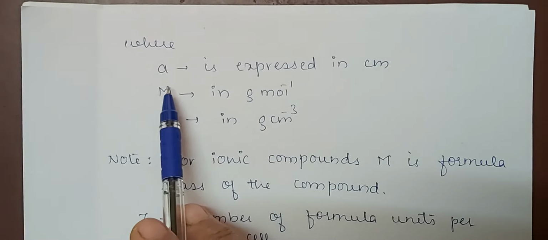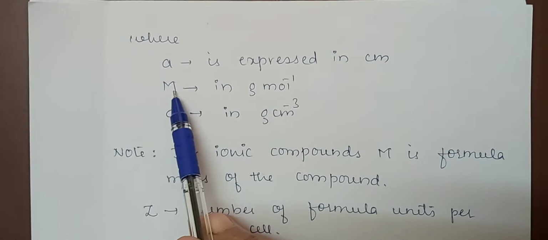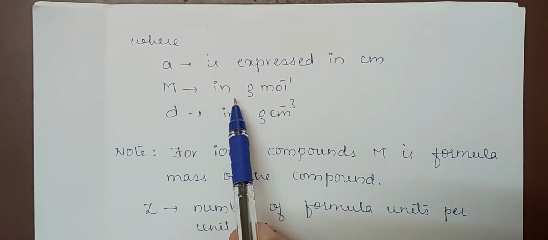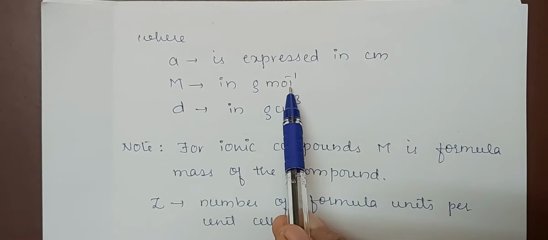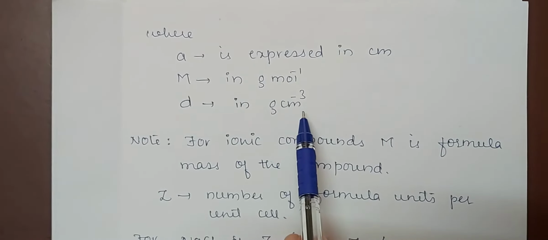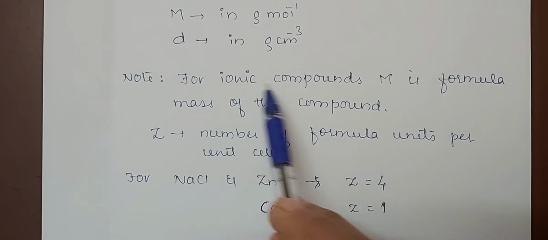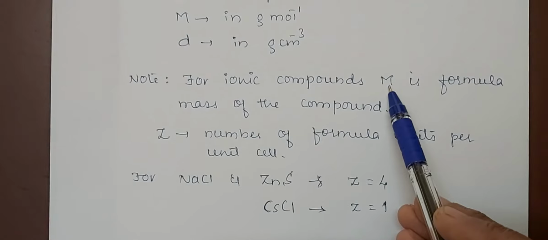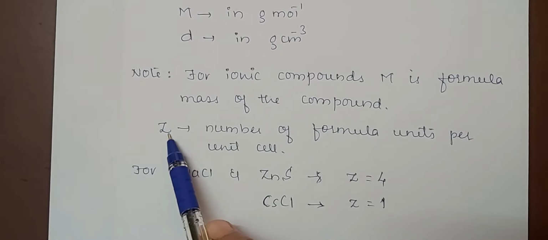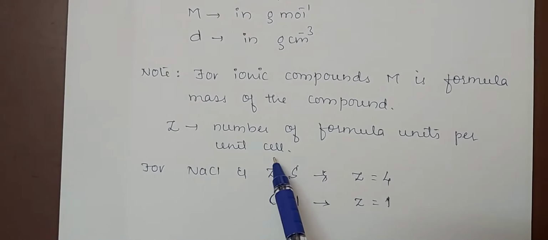Here, A, the edge length, is expressed in centimeter, and M means molar mass, it is expressed in gram per mole, and density should be expressed in gram per cm cube. Okay, for ionic compounds, capital M means it is the formula mass of the compound, and Z is the number of formula units per unit cell.